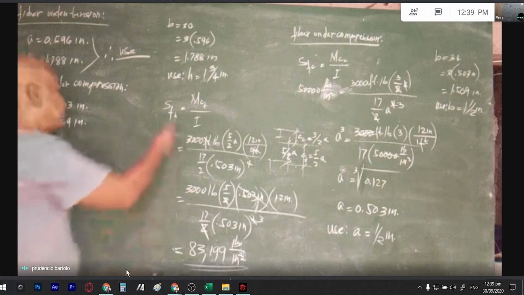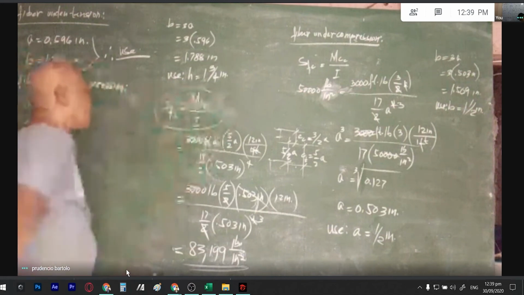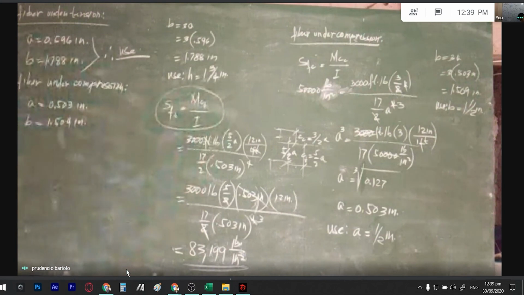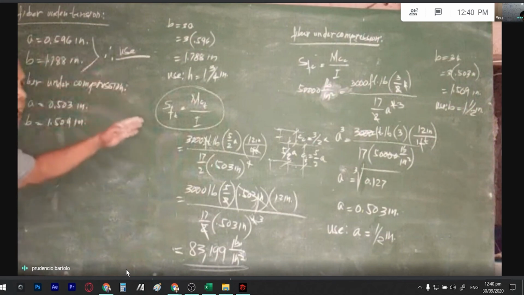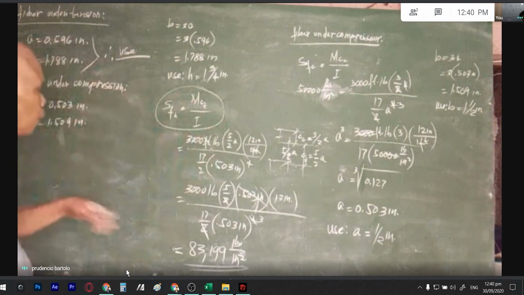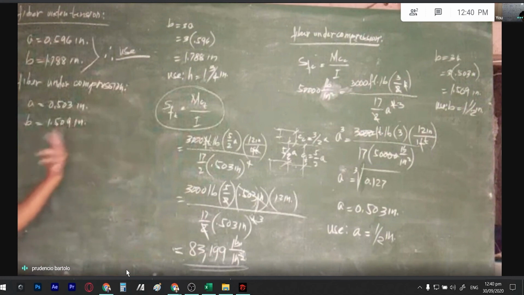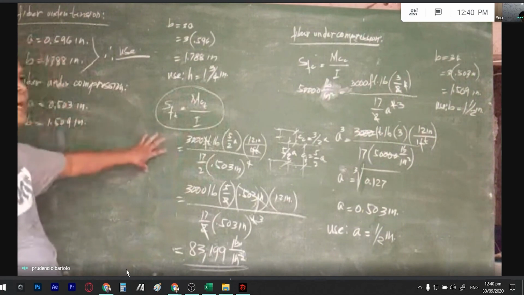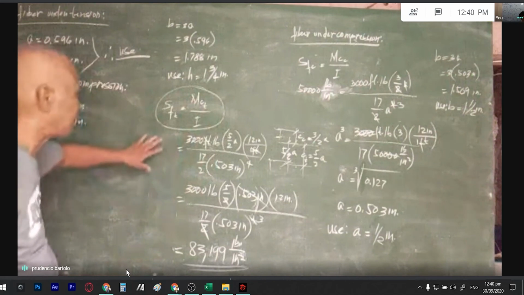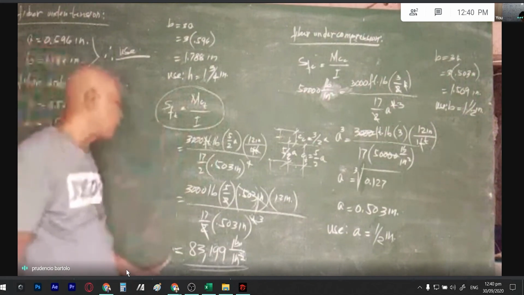So if we substitute it in this equation, SFT equal to MC over I, meaning we are going to use this dimension on the fiber under tension. So we will check it on the flexural stress or on the allowable stress. So this will be the one that will be unknown.